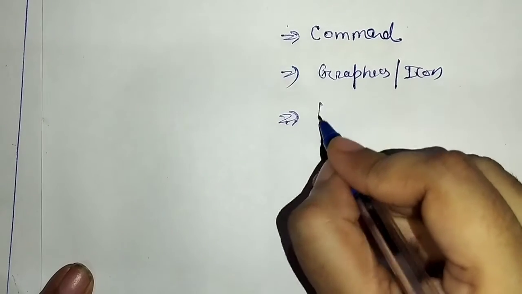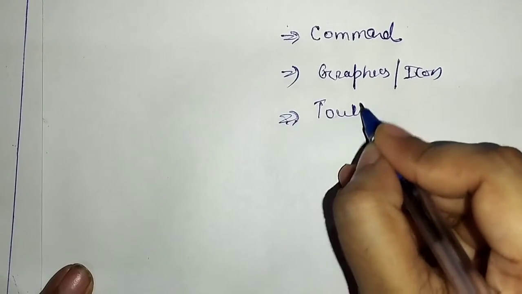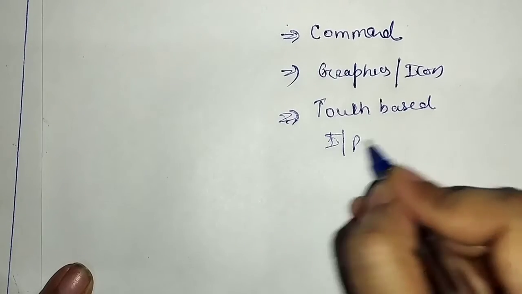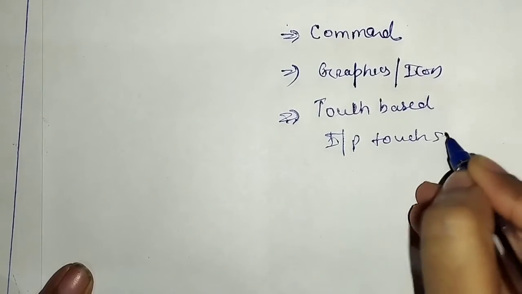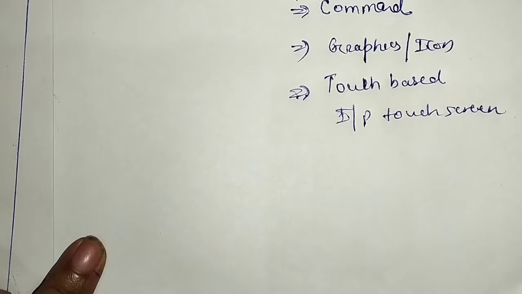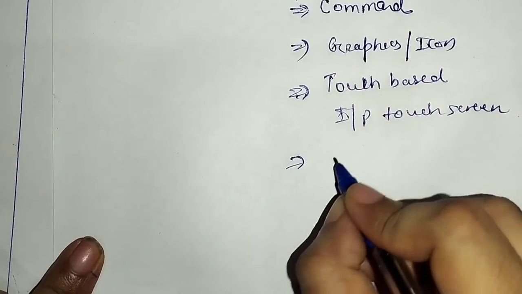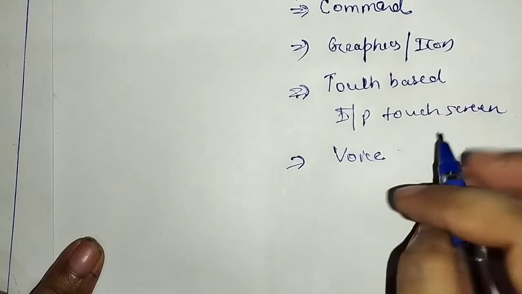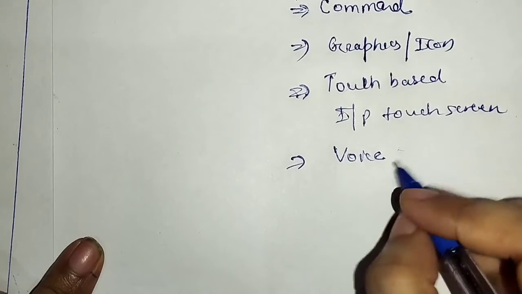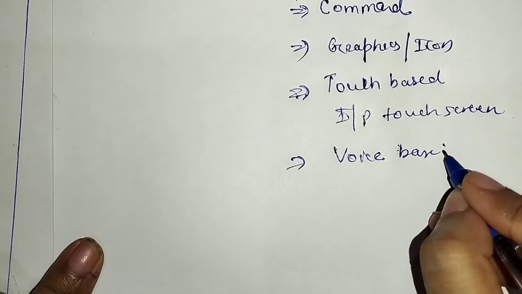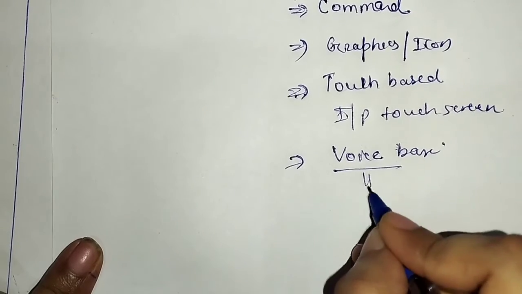Third interface is touch based interface. So here the input is touch screen, which is used in laptop, computers and mobile phones, smartphones. And the fourth interface is voice based interface, where we can interact with the computer, laptop and mobile phones with the help of voice.